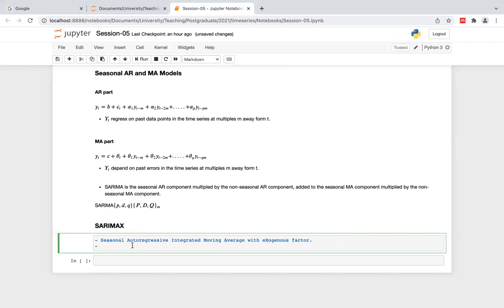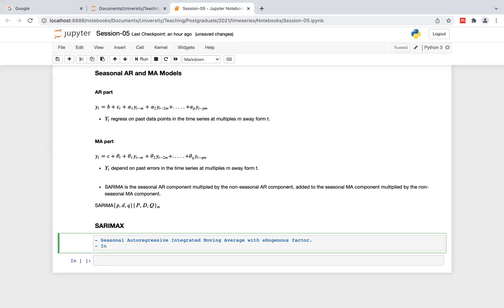Actually, it is not in this scope, because we are discussing univariate time series. So I am not discussing the exogenous factor further, but I just mention it here to get some understanding.